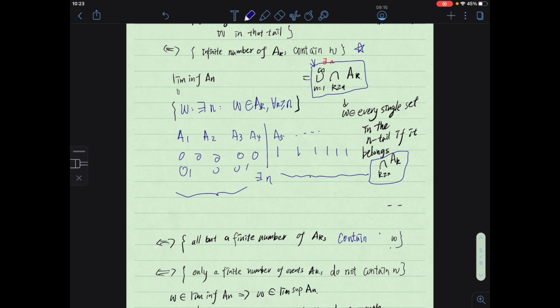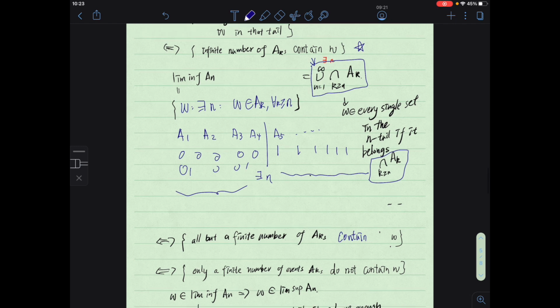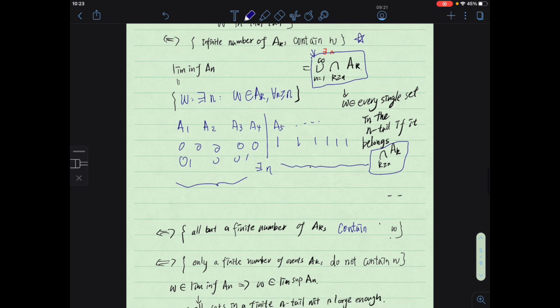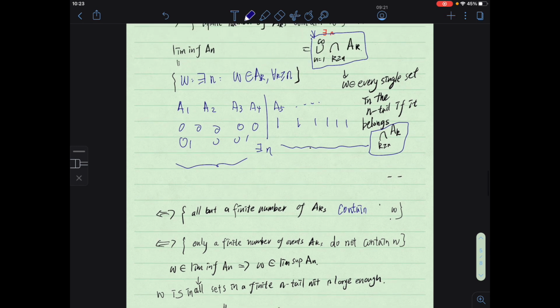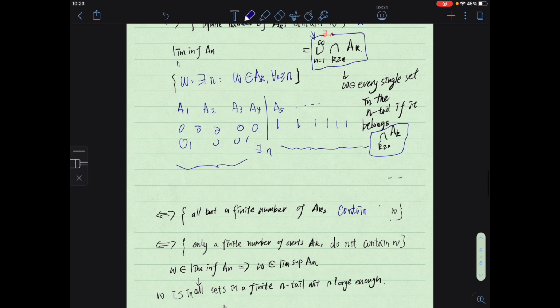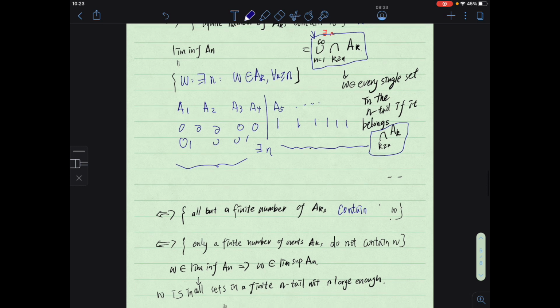Here I claim that the limit inferior is actually a subset of the limit superior. Let's see why. Let's first go the first direction. If we find an omega that is in the limit inferior of the sets, let's see if it's also in the limit superior of the set.